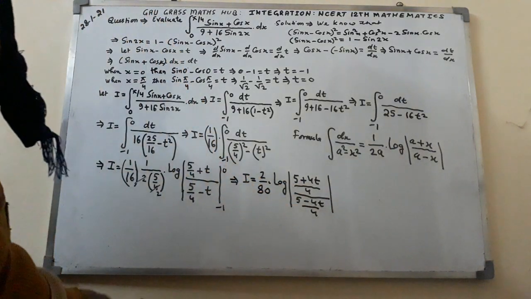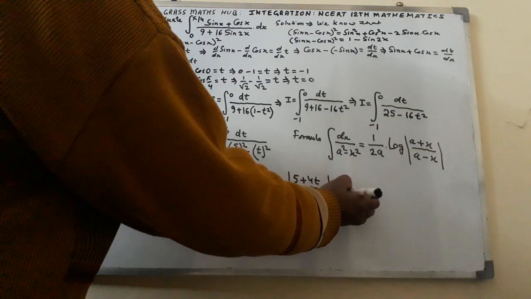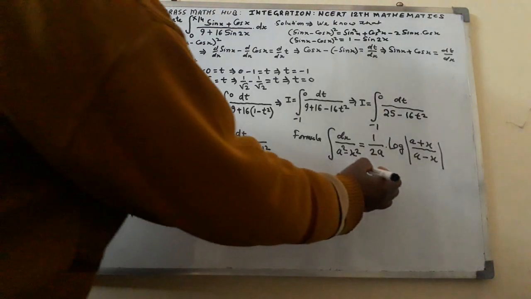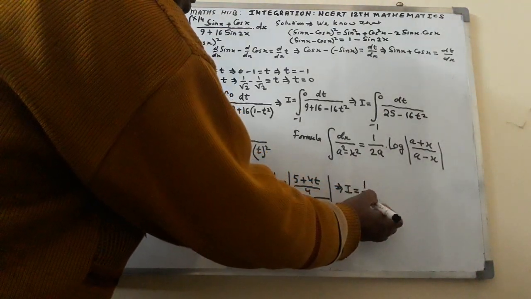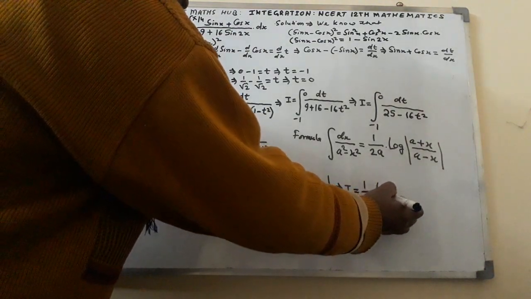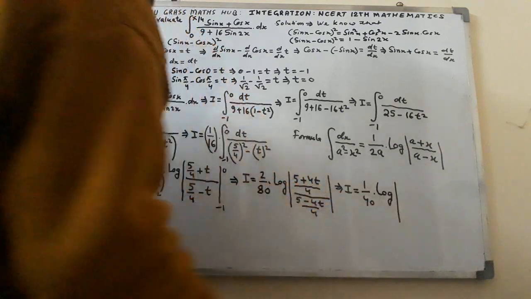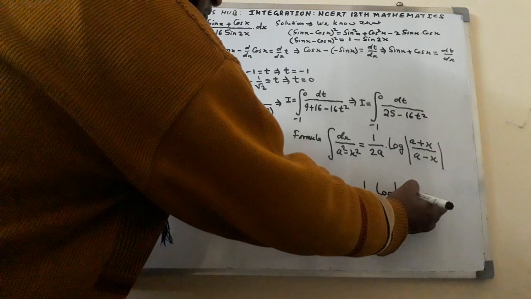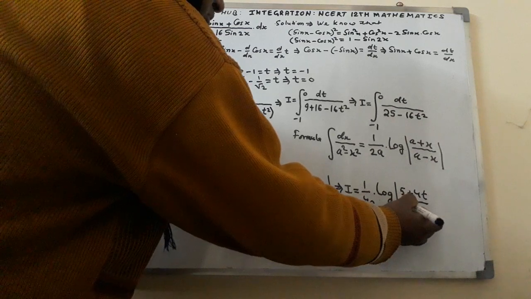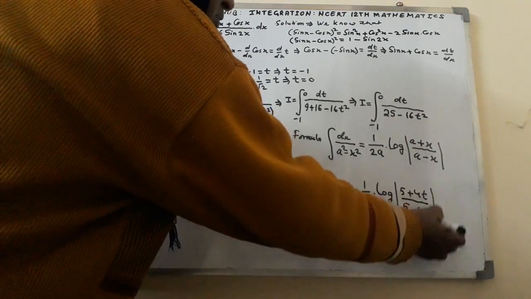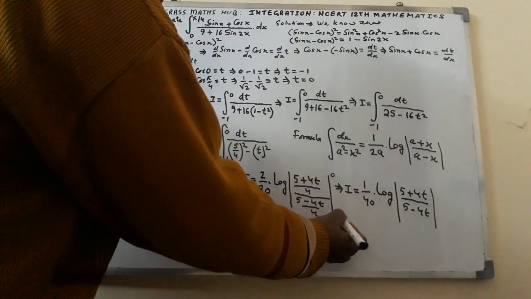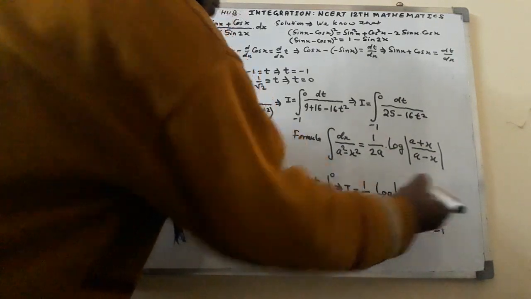So again I shall write I equal to 2 over 80, which can be written as 1 over 40, dot log mod (5 plus 4t) whole over (5 minus 4t), with limit 0 to minus 1, here write minus 1, here write 0.